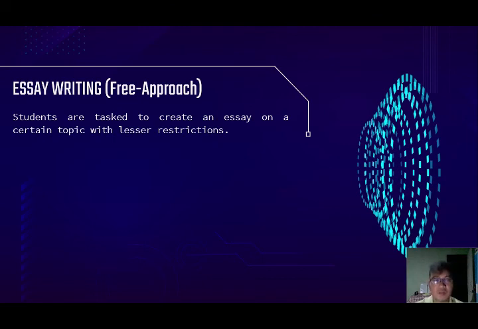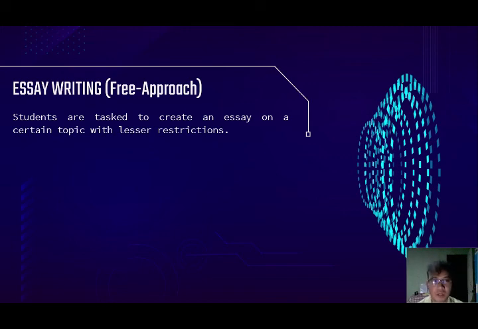By the time the teacher successfully evaluates or assesses his or her students and finds out that they are now ready for a freer approach, the teacher can employ essay writing.